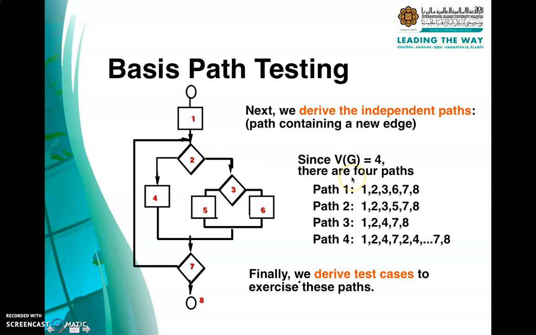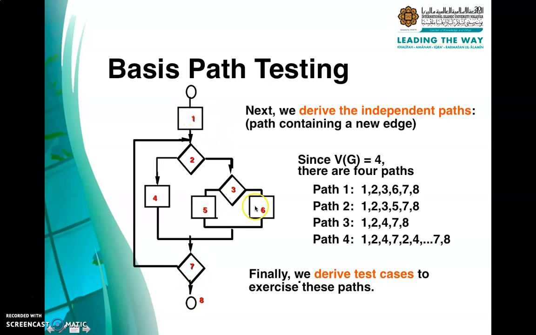Now we can find out what the independent paths are. There must be at least 4 unique paths. For this one, it's very easy. You can simply trace from the flow chart. For example, the first path is 1, 2, 3, 6, 7, 8.